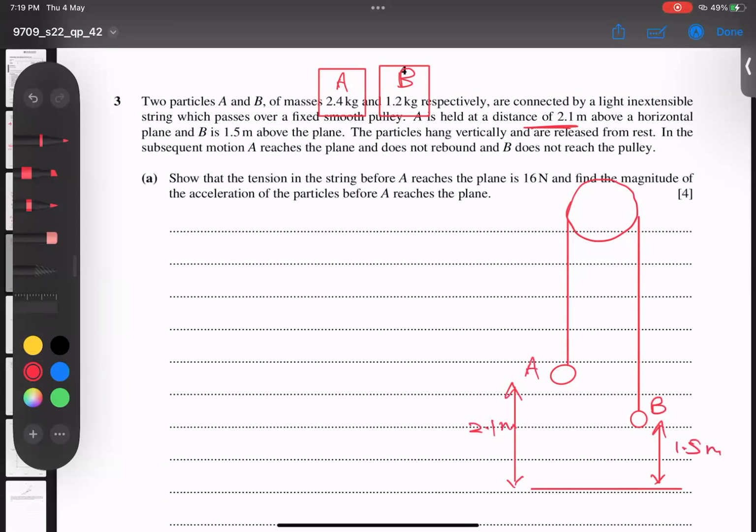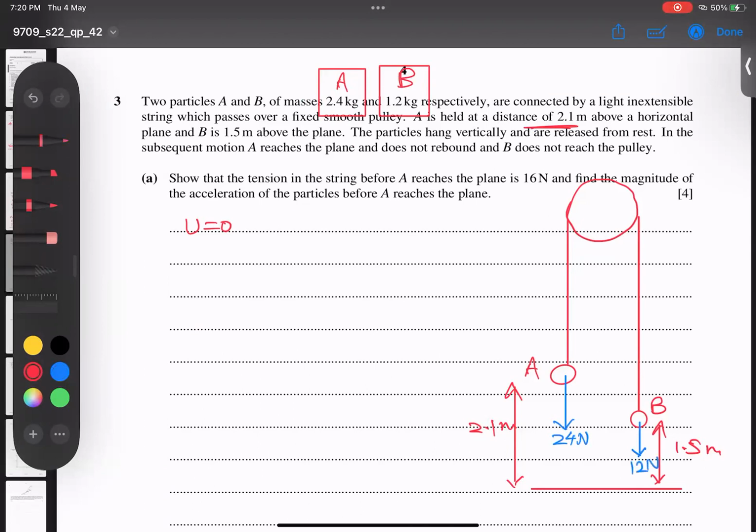Afterwards, he said the particles are released from rest. Whenever released from rest, the starting speed is 0. What is the weight? The mass is 2.4, times 10, so the weight of A acting downwards is 24 newtons, and B has mass 1.2 times 10, so its weight acting downwards is 12 newtons.